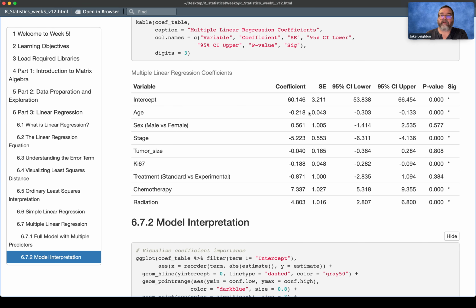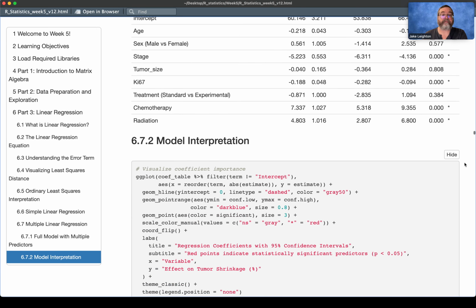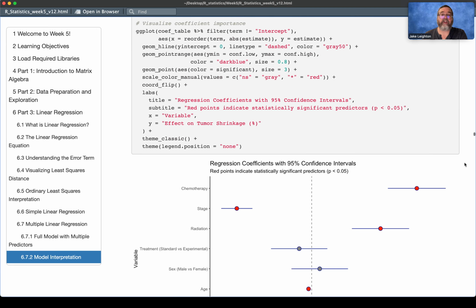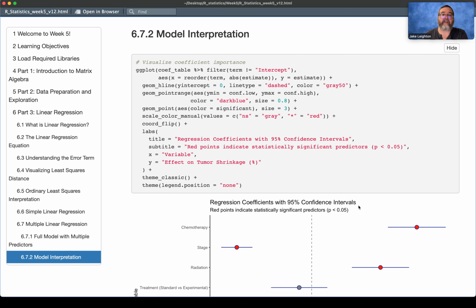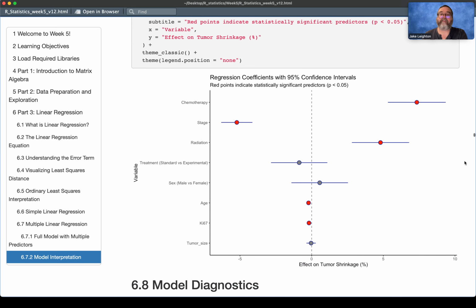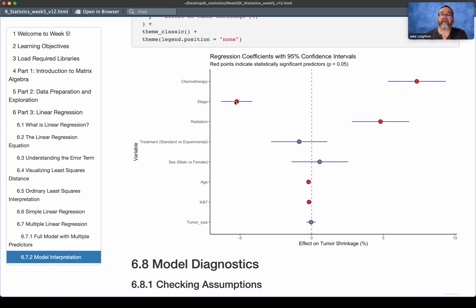With age, stage, and Ki-67 overexpression, we have lower shrinkage, and with more treatment, we have higher shrinkage, right? So let's plot those. Basically, I'm going to plot all those regression coefficients, the same deal with their 95% confidence interval, and red if they are significant here.